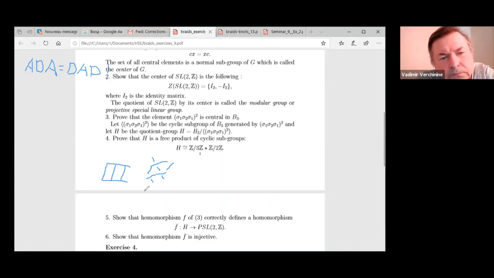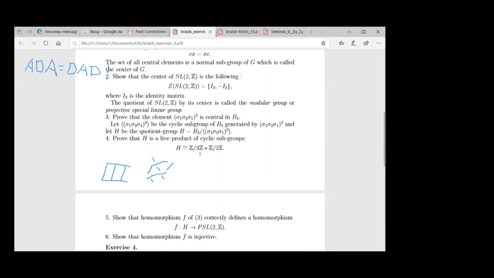So what do you see? This is this object without square. So can you see what happens geometrically, how to construct this object from this one geometrically? I didn't really understand, to be honest.